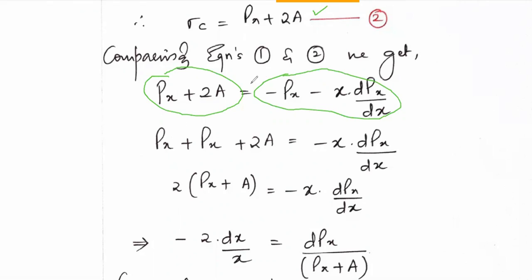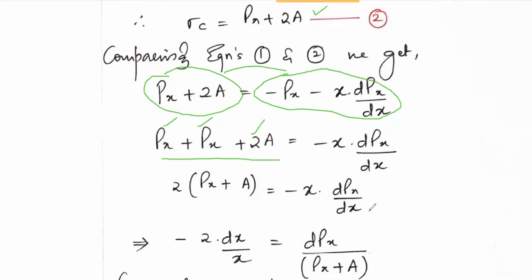So we bring the Px terms to one side. Shifting it, it will be Px plus 2a is equal to minus x into dPx divided by dx. Taking the common term, it will be 2 into Px plus a is equal to minus x into dPx divided by dx.